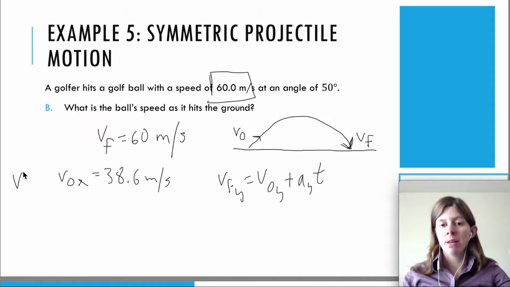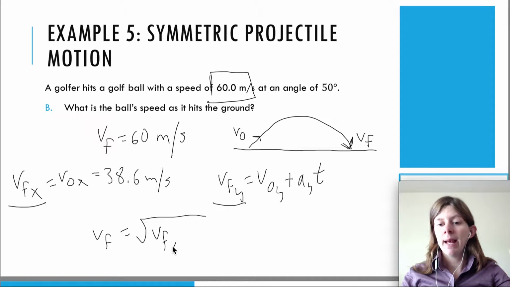And then you know that your v final x is the same as your v initial x. So once you have v final x and v final y, you can plug them into the Pythagorean theorem and you'll get the exact same thing. But just save yourself some time. If you know it's projectile motion, then the speed does not change from the launch point to the landing point.